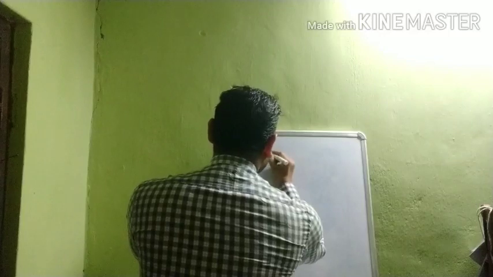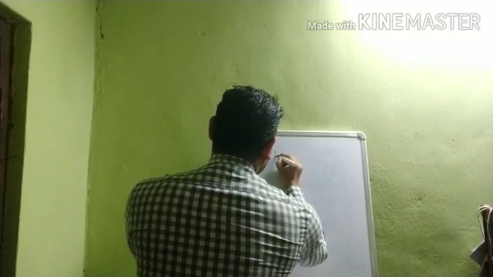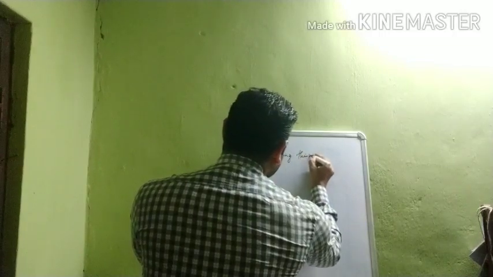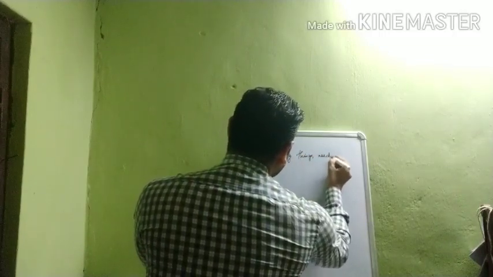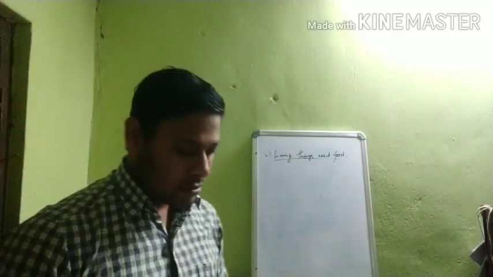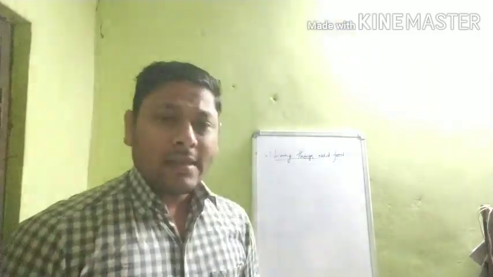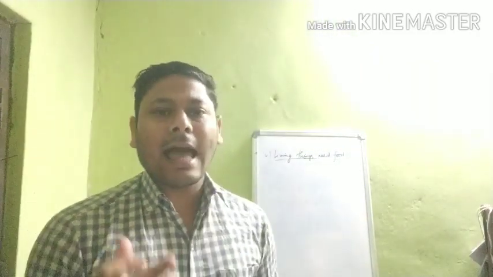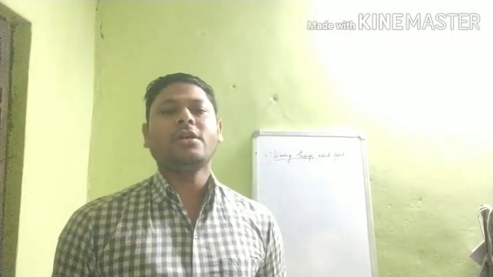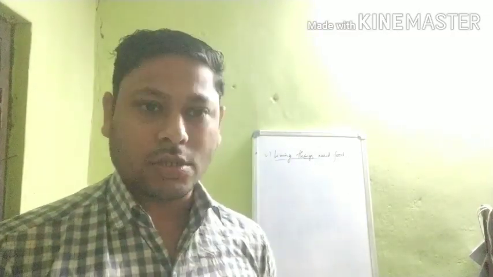This is the 5th point. Living things need food, right? Living things need food to remain alive and grow. And we also need food to get energy to do certain works, right?